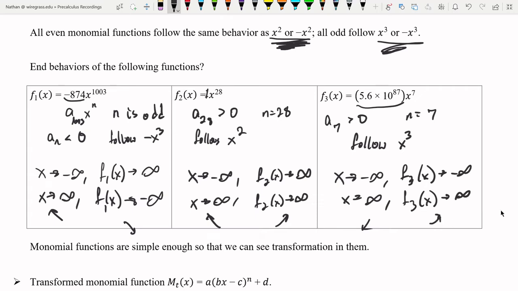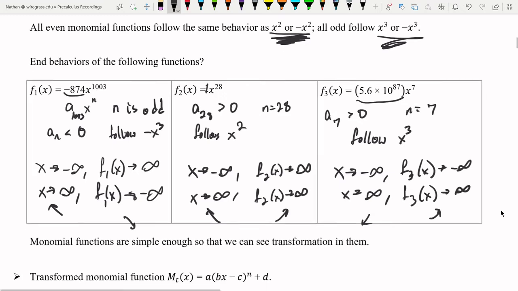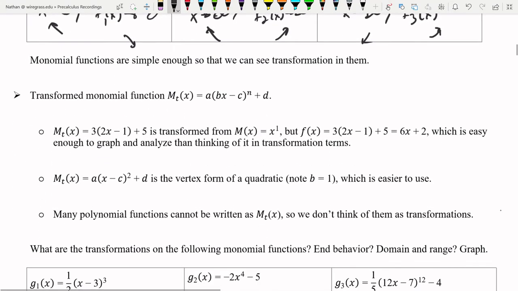Now, these functions, because they're simple enough, where you just have that single term, you can actually see transformations on them. Now, I should say that the monomial function transformation, of course, looks like this. If you're looking at a monomial transformation of a linear function, n is just equal to 1 here.